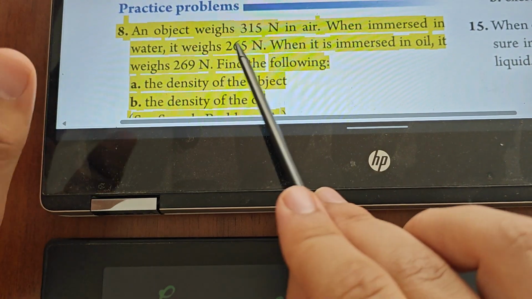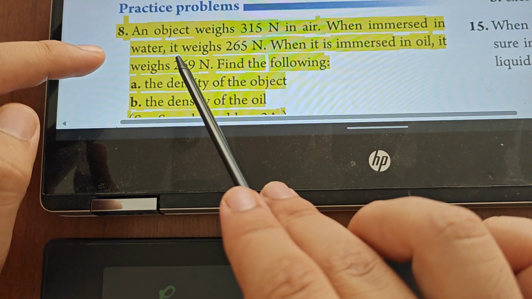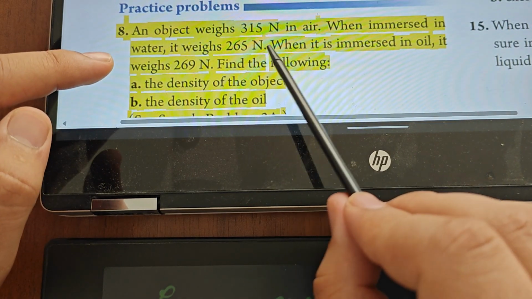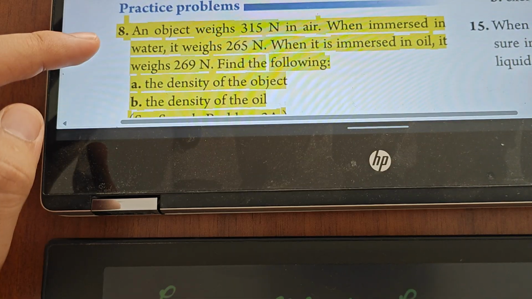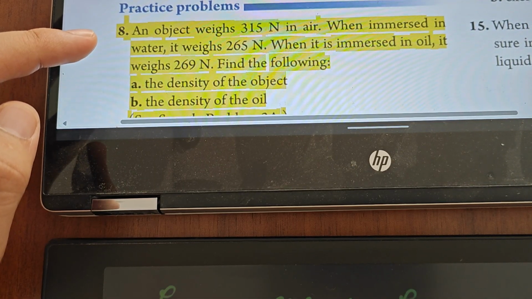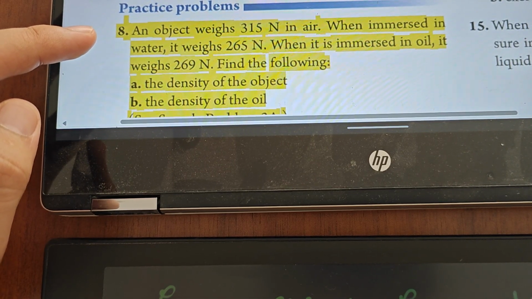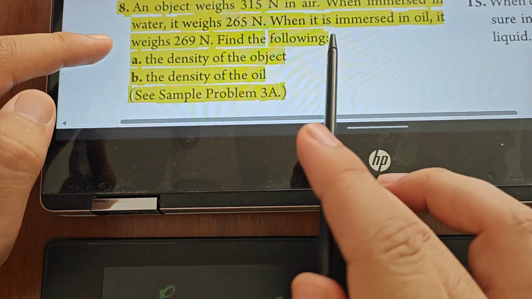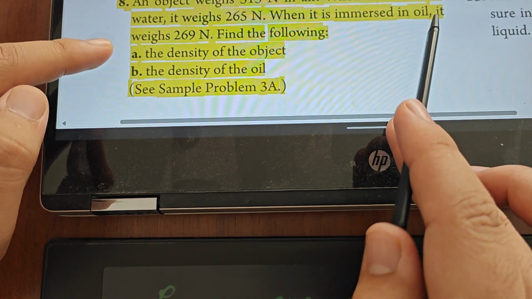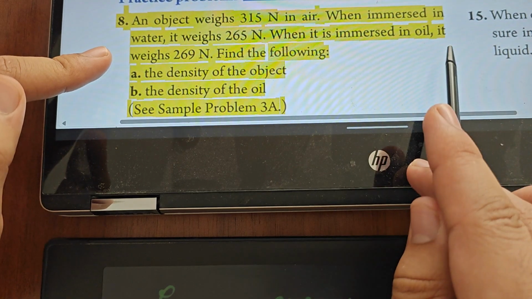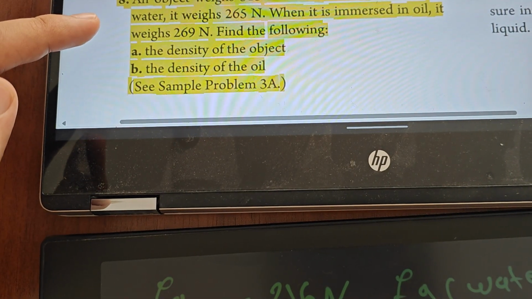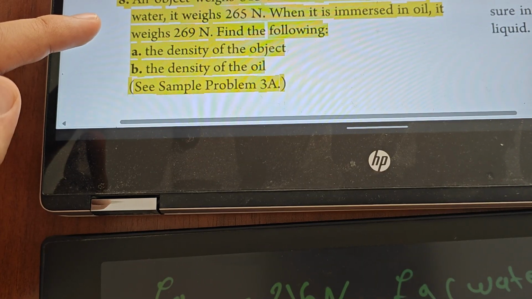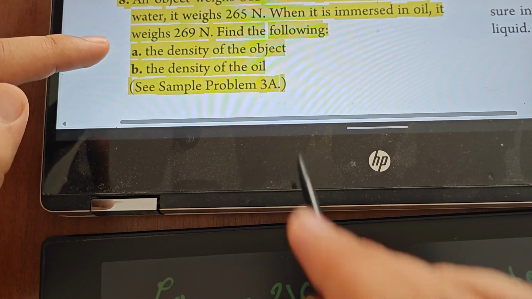When the object is under the water, the object weight becomes 265. So Fg object in water is equal to 265 Newton. And when it is immersed in oil, so you now have three types of liquid, the weight becomes 269. Fg object in oil, 269 Newton. Find the following.